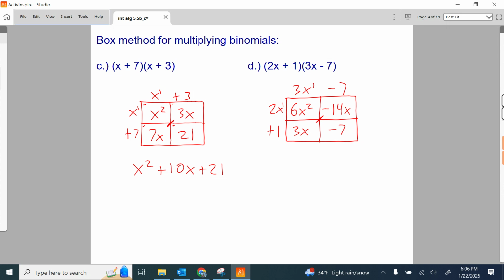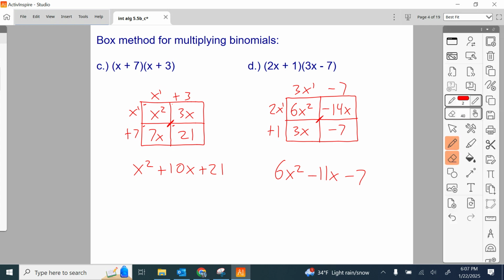It automatically kind of sets those up diagonally. So if we write down our answer and combine those like terms, we get 6x squared minus 11x and then minus 7. All right, so that's how that one would end up working out. You can use whichever method you want. There's just a couple examples using that box method.